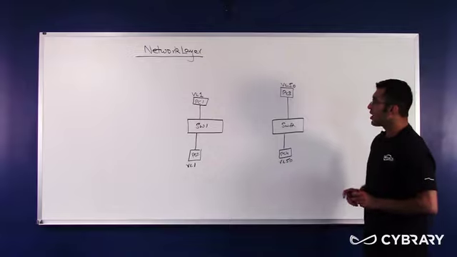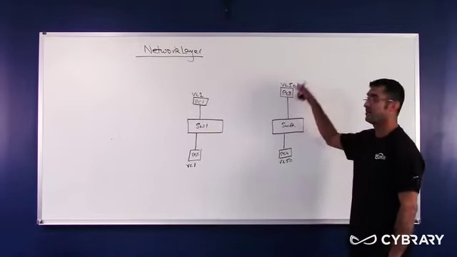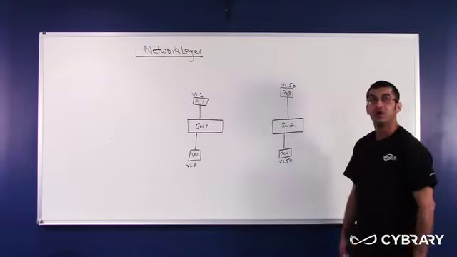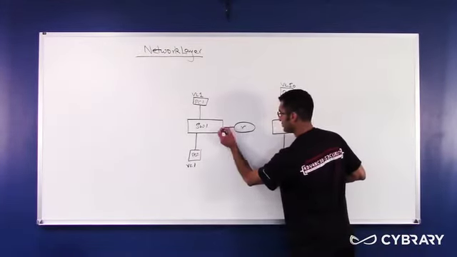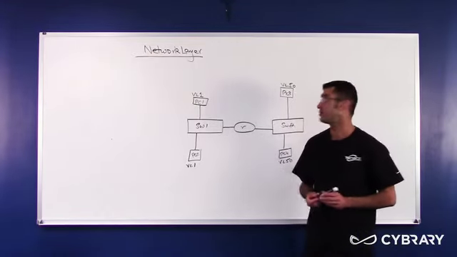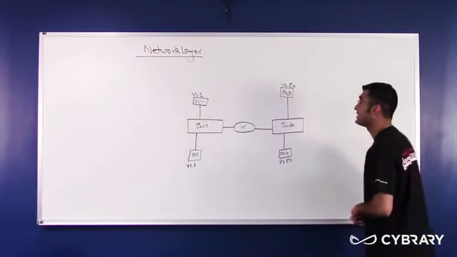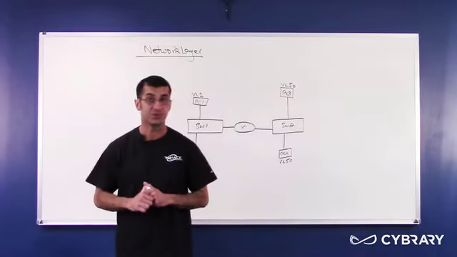So if you want PC 1, which is in VLAN 1, to communicate with PC 3, which is in VLAN 50, you need to use layer 3, or more specifically, you need a router. You cannot connect these 2 switches back to back with each other, because PC 1 is simply not going to talk to PC 3, because those are 2 separate broadcast domains.